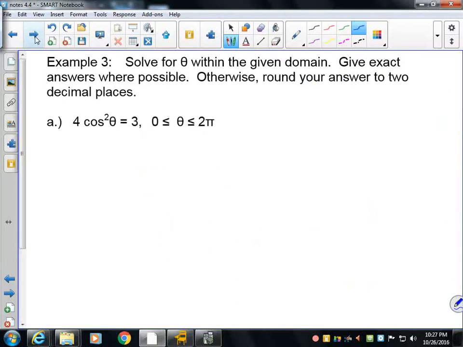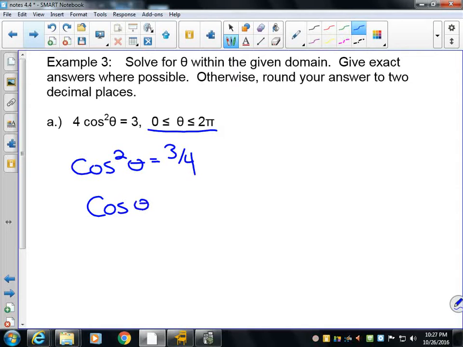Okay, example 3. Solve theta for the given domain. We're going from 0 to 2 pi, so yet again in radians. Need to get theta alone, so I'm going to divide by 4. So I get cos squared theta equals 3/4. So when I take the square root, I get cos theta is equal to the square root of 3 over 4. When you take the square root of things, that's a plus or minus.